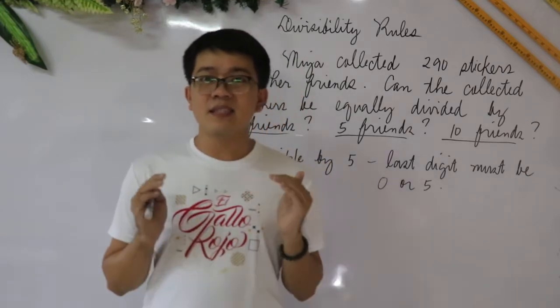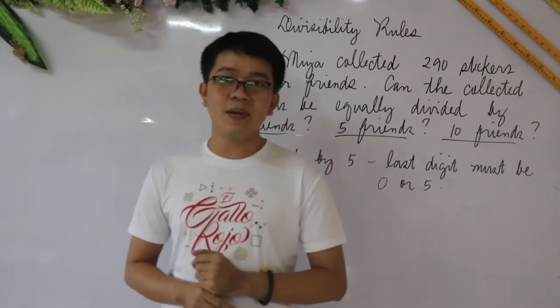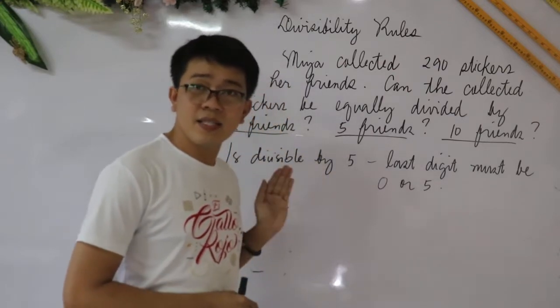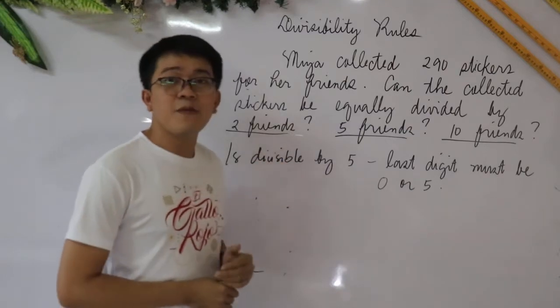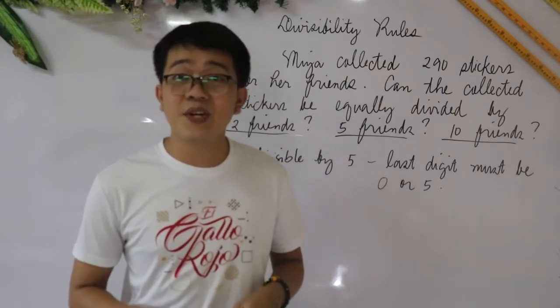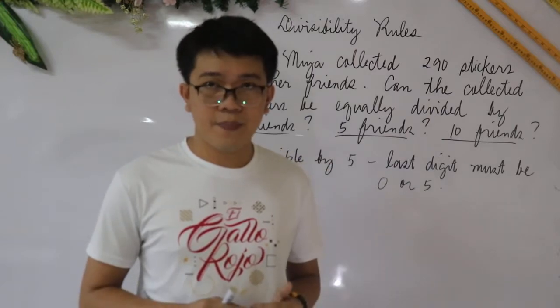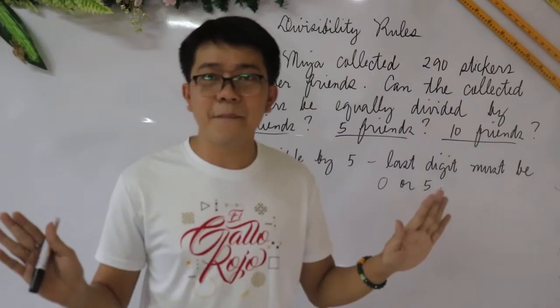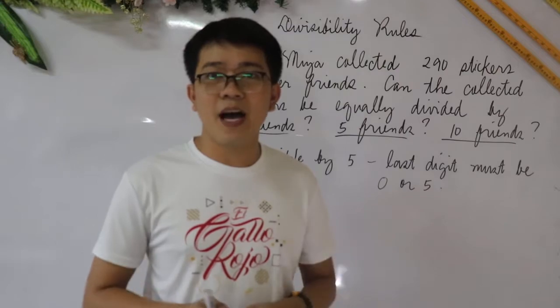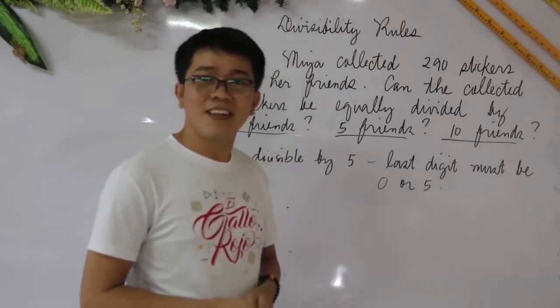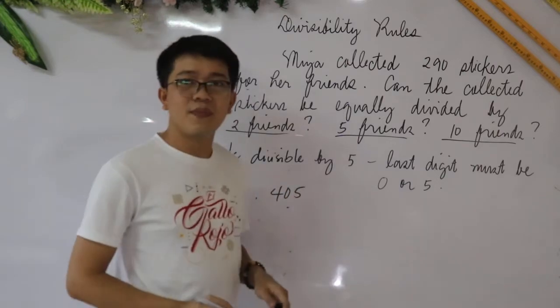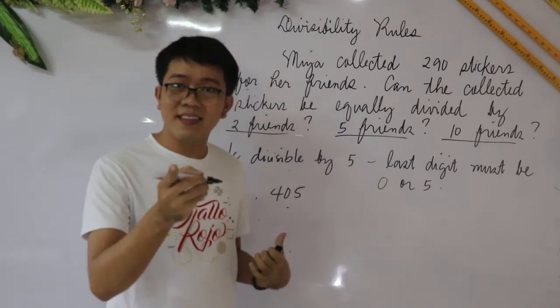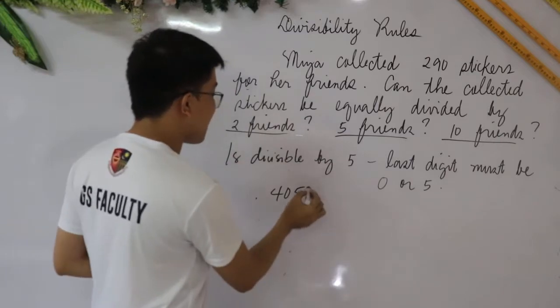What is the condition in divisibility rule number 5? It says that a number is divisible by 5 if the last digit is 0 or 5. There are countless numbers that end with 0 or 5, but I have to give you this example. I have here 405. This number ends with 5.